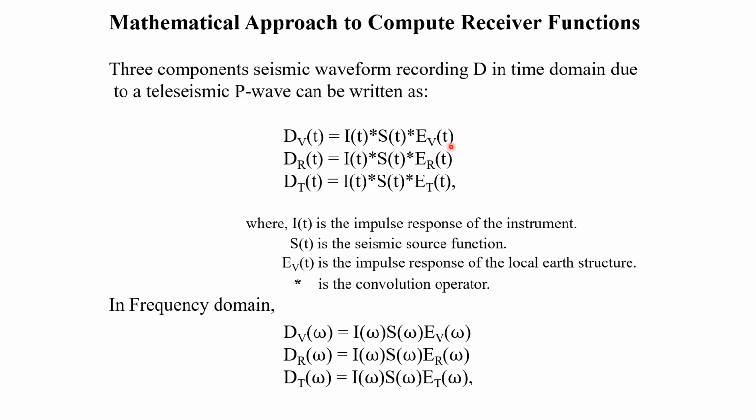So from the seismic waveform recording, you would like to remove the instrument response and also the effect of the source time function, or the seismic source function, in order to get the value of E. This is what the receiver function is all about: finding this E value, the impulse response of the local earth structure, or sometimes it is also called the reflectivity series of the earth.